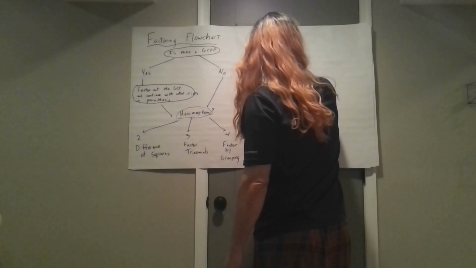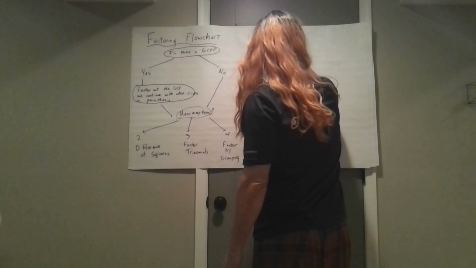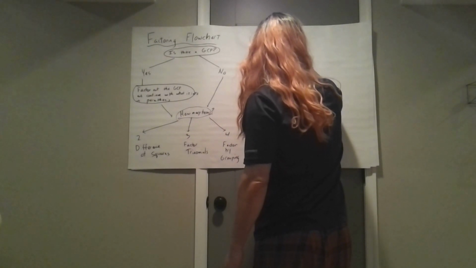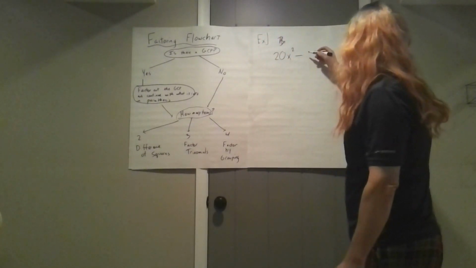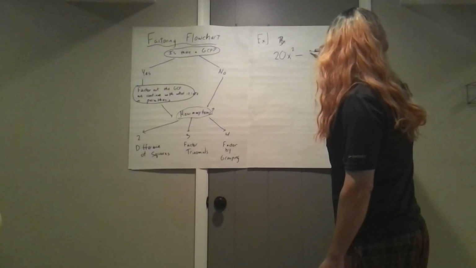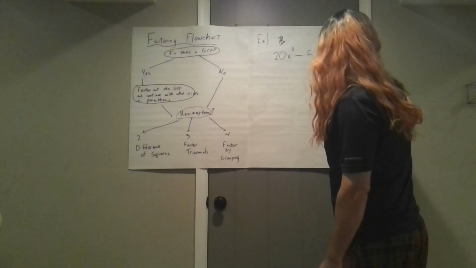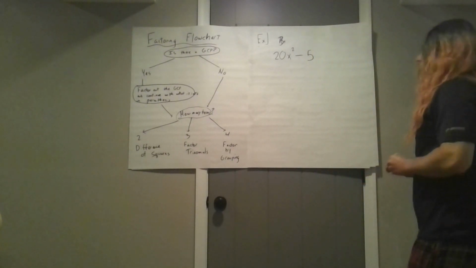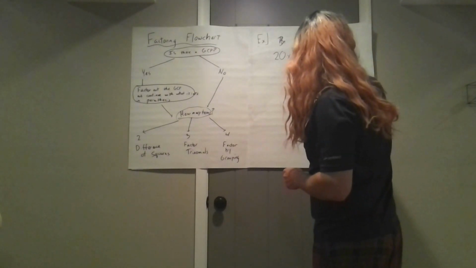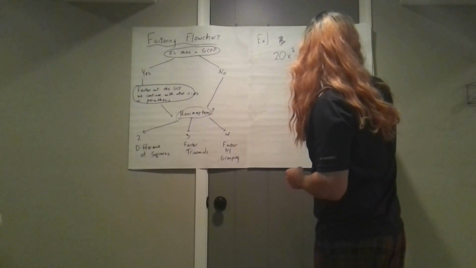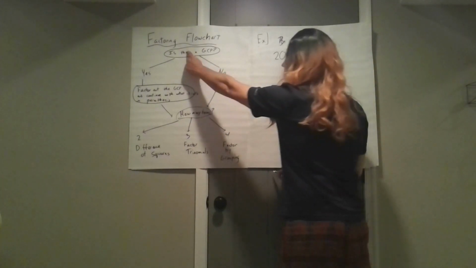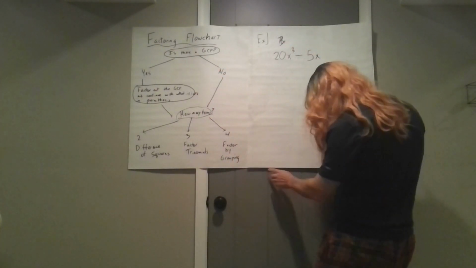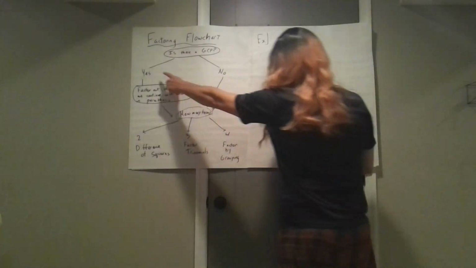Let's try 20x cubed minus 5x. All right, is there a GCF? Yes.